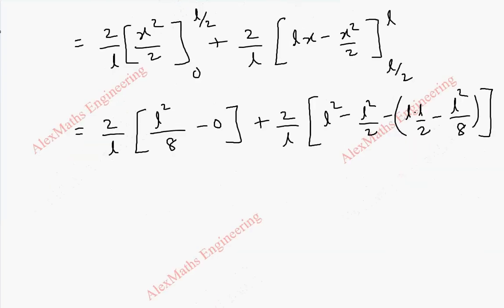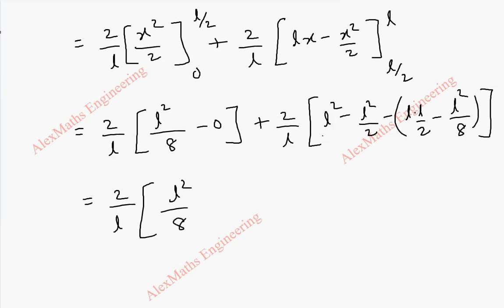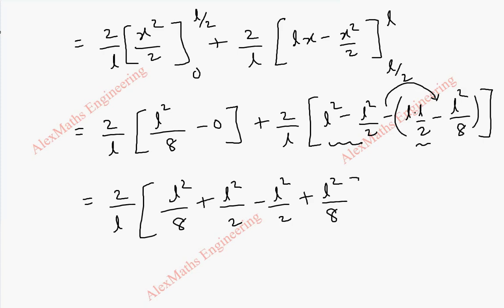Now it is possible to take 2 by L common. So this is L square by 8, and here L square minus L square by 2 is plus L square by 2, and this is L square by 2 with a minus sign, and this minus comes here as plus. So plus L square by 8.